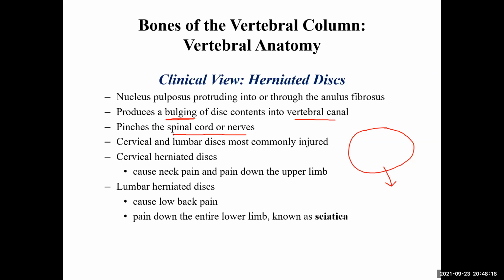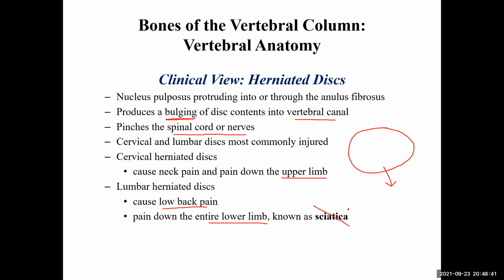So if you get a disc herniation in the cervical spine, you're going to feel numbness and or pain and tingling in the upper extremity, down your hands, down into your arm. If it's in the lumbar region, you can have low back pain, and you can have it go down your lower limb. Now, this is garbage.